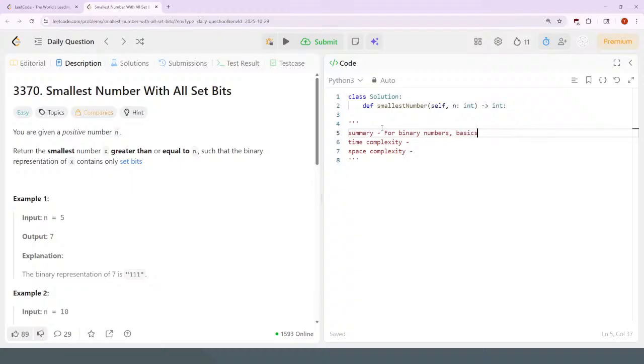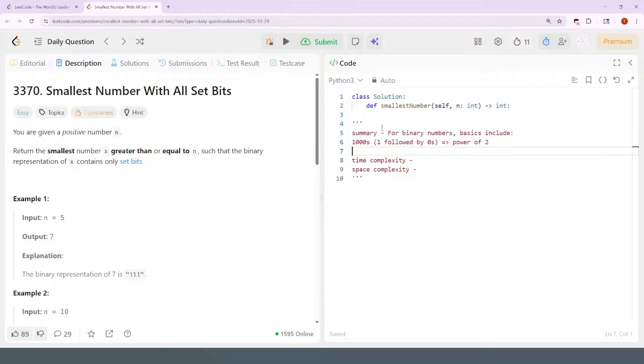The basics include 1 followed by zeros, which will translate into a power of 2. And then a bunch of ones translates into a power of 2 minus 1, some power of 2.